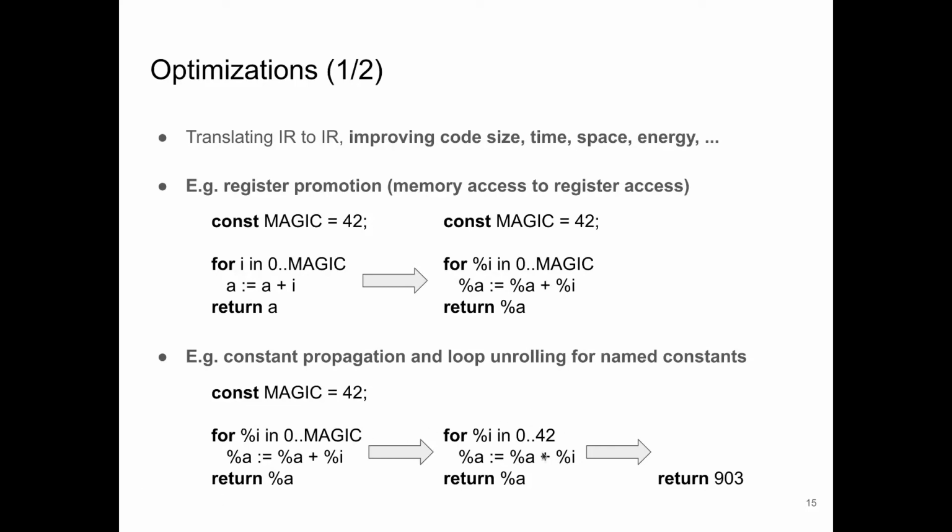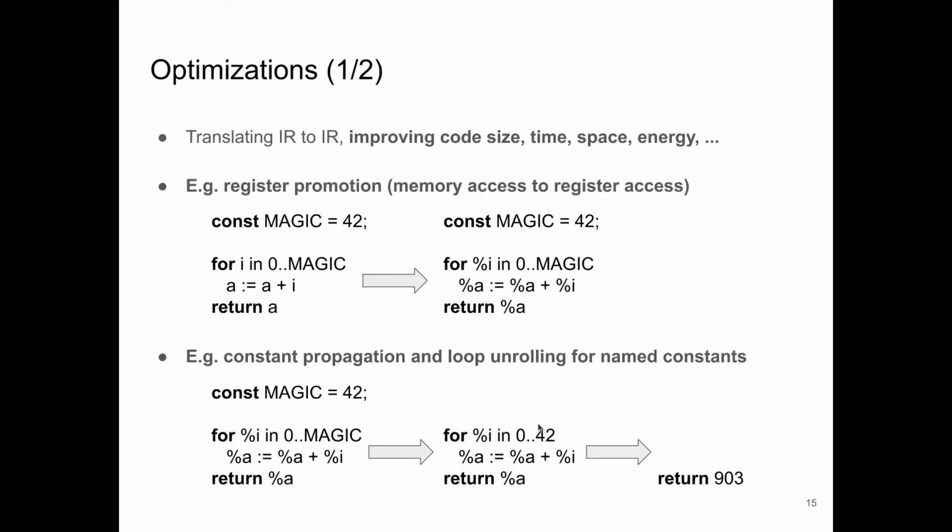And at a later stage of the optimizations, you can also see that this loop is always performing a fixed number of iterations. It is iterating 42 times. So we can just safely unroll this loop, replacing this for loop with 42 instructions that are performing add.